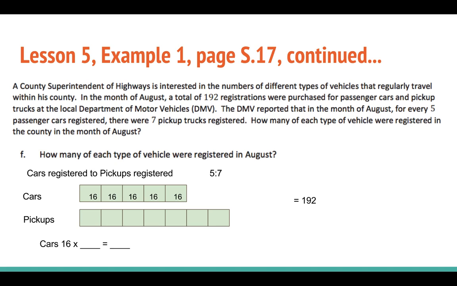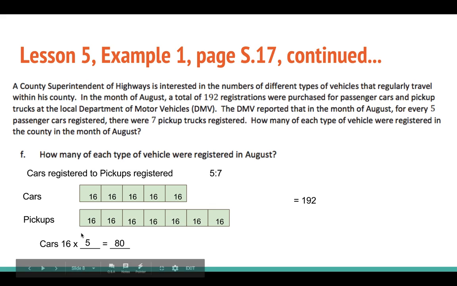We said that each box represents 16 vehicles. So for cars, if we put 16 in each of those boxes, we have 16 times 5, and that equals 80. I had to make sure my math was correct on that one. It's correct. Pickups: we put 16 in each of these boxes. Whenever you have a tape diagram representing one ratio, all these boxes will always have the same number.